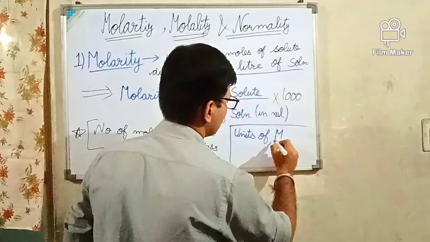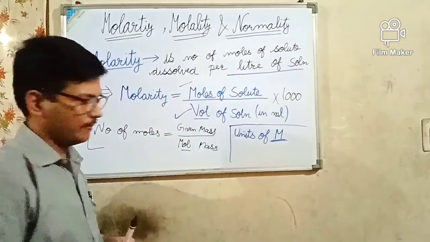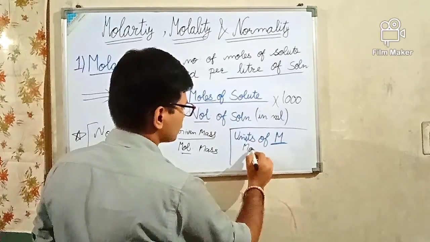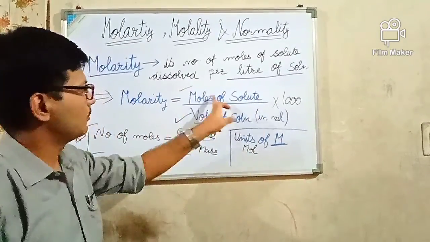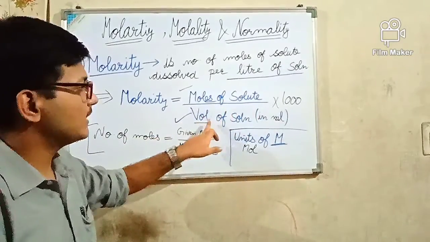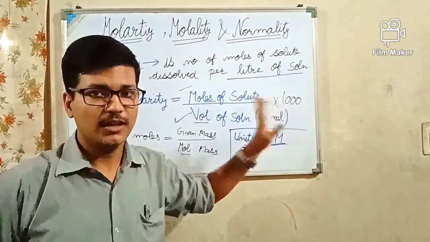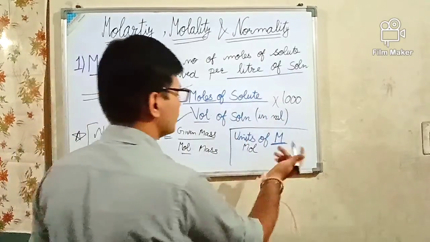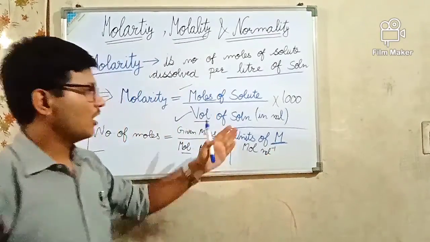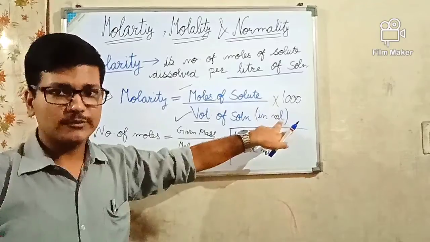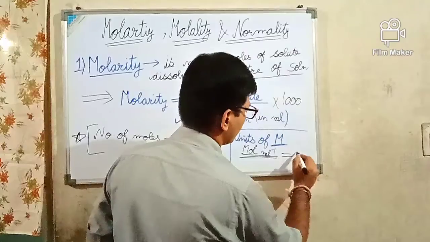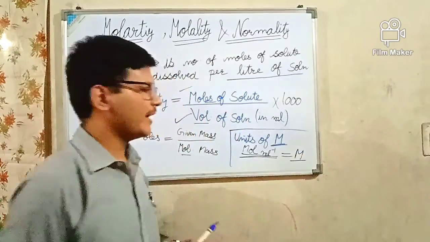Molarity is expressed as capital M. Here we have moles of solute, so first of all, mole, because it is moles of solute in the numerator, and in the denominator it is volume, either in liter or in milliliter. If we have this volume in milliliter, we will write moles per milliliter, or if it is in liters, we will say mole per liter. And this quantity is known as molarity, denoted by capital M.